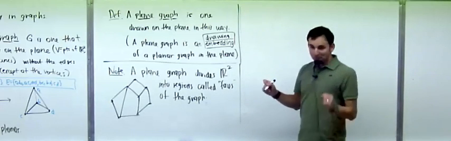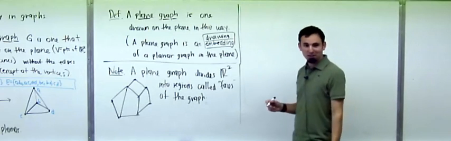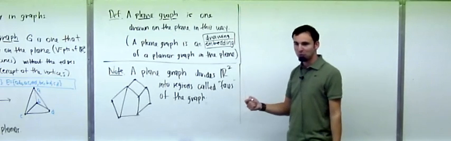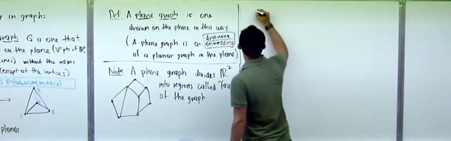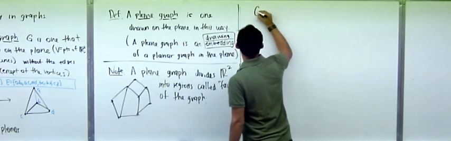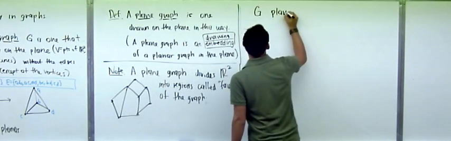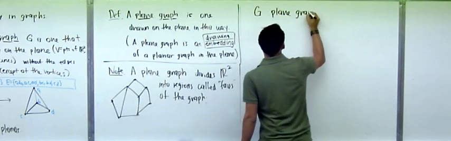Now, to a plane graph, in other words, to a drawing, I'm going to associate a dual plane graph. So let's say G is a plane graph, in other words, a picture.